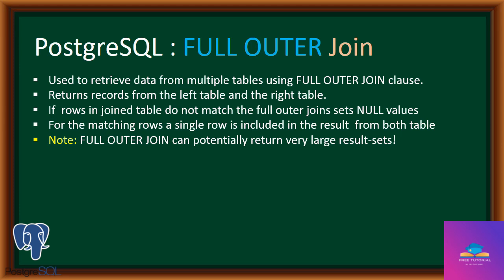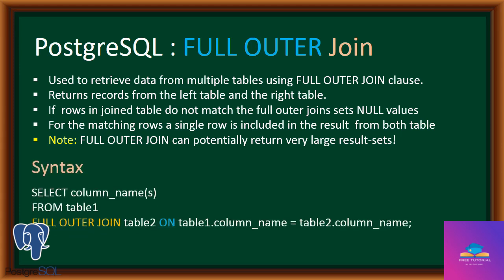Let's have a look at the syntax of how you would implement an outer join. Basically, once you've typed in the select statement and specified the column name and the table, you then add the full outer join clause and include the second table you are performing the join on.